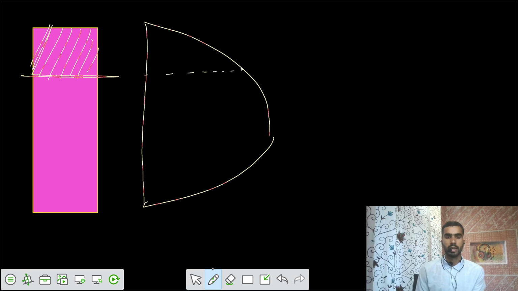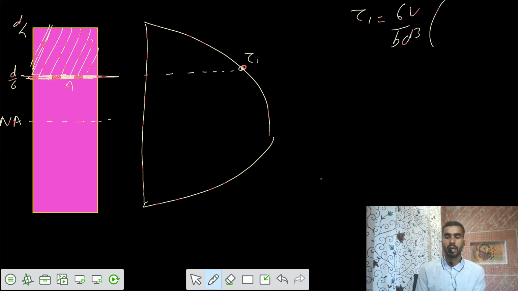So we say that there is some shear stress tau at 1. I can calculate that from the neutral axis. From the neutral axis you go to some point, with limit d by 6 to d by 2. So we have some point A, and we know that the shear stress at this location would be equal to 6V by b d cube into d square by 4 minus y square.